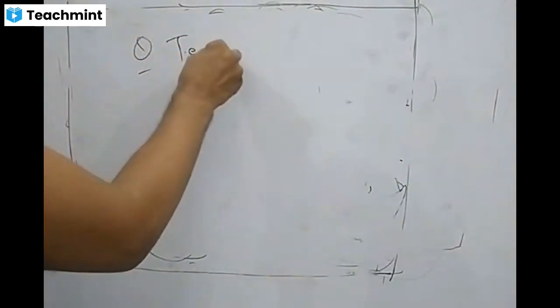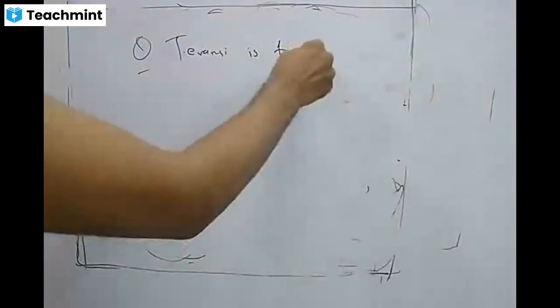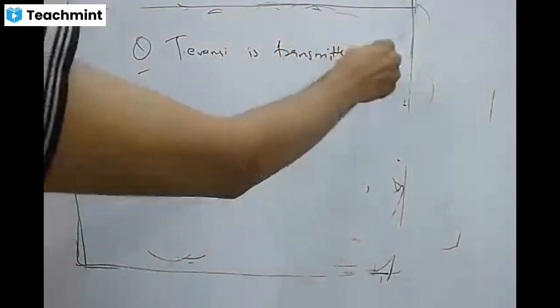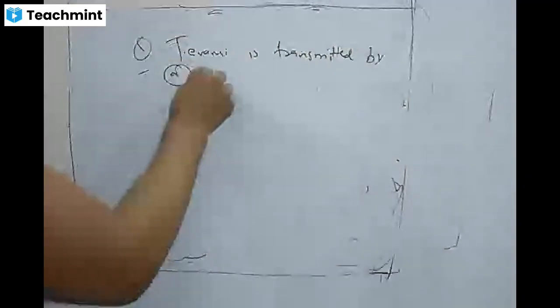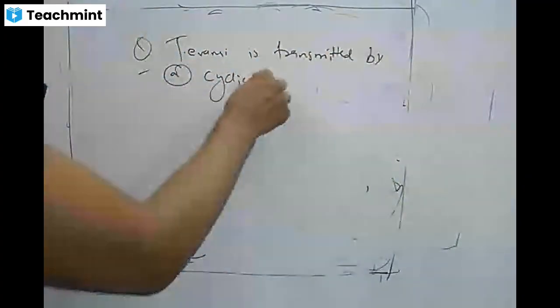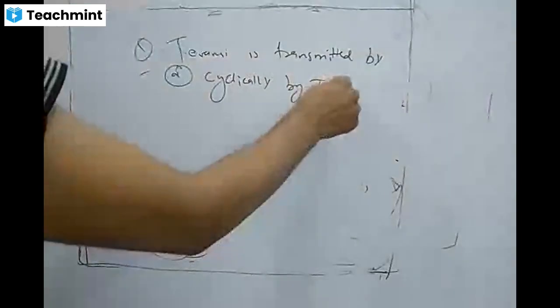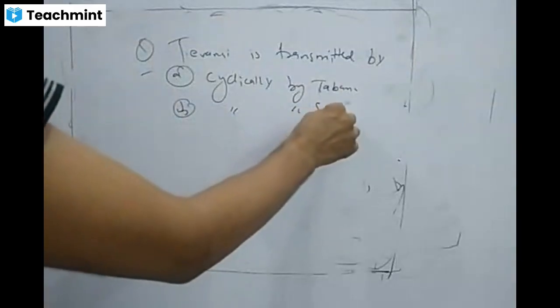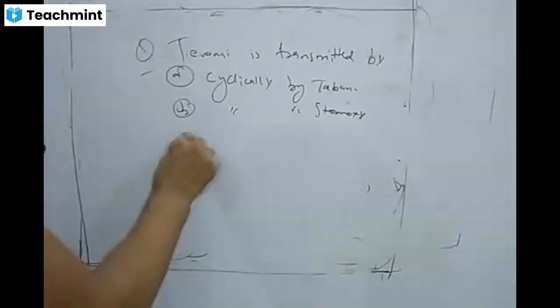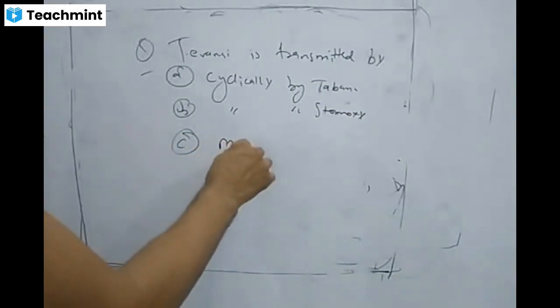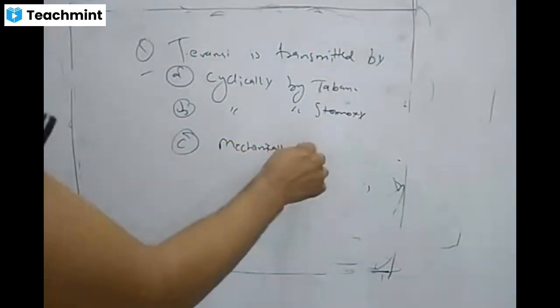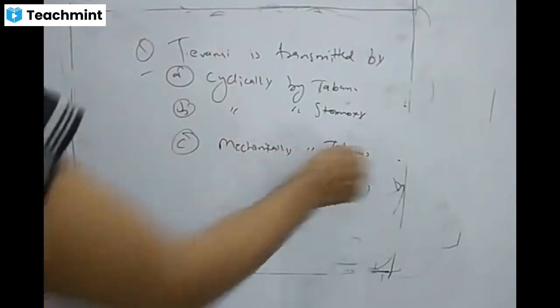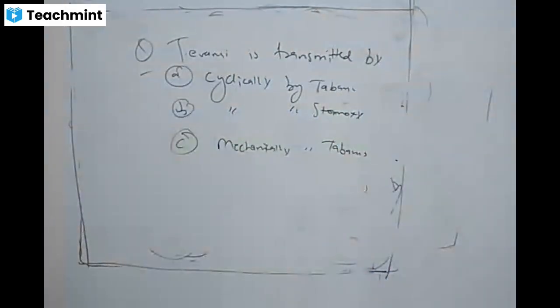T. evansi is transmitted by, and the options were: A, cyclically by Tabanus; second option, cyclically by Stomoxis; and C, mechanically by Tabanus. So these were three options. Which one is correct? Cyclical or mechanical?